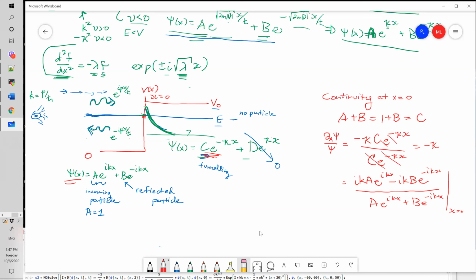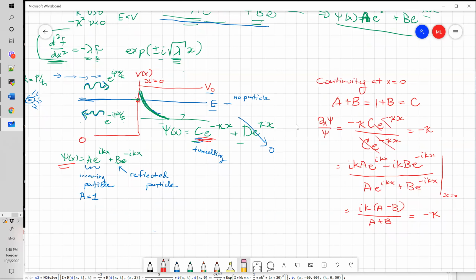So we evaluate this at x equal to 0. And what do we get? We get ik (a minus b) divided by (a plus b). And that should be equal to minus kappa. And of course, a is equal to 1.